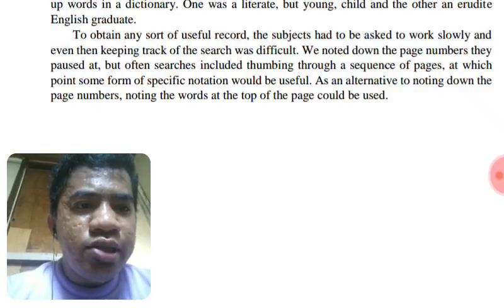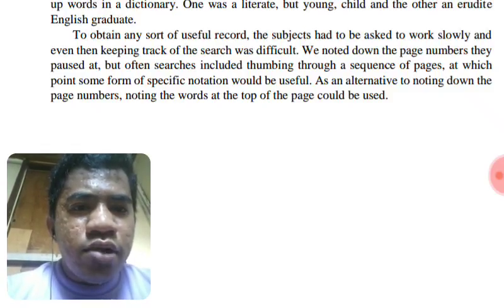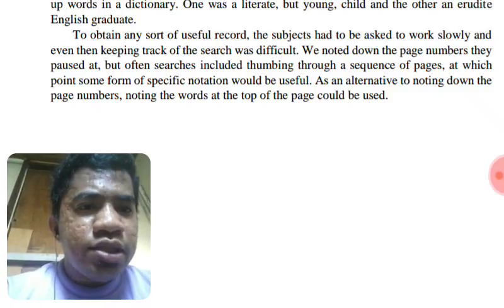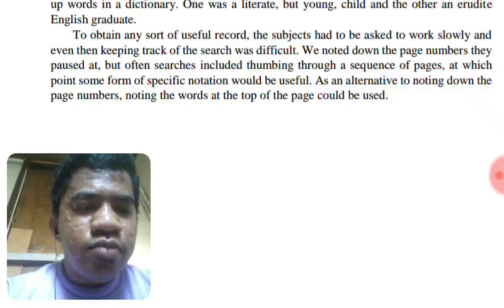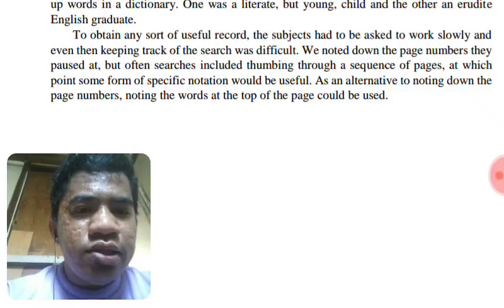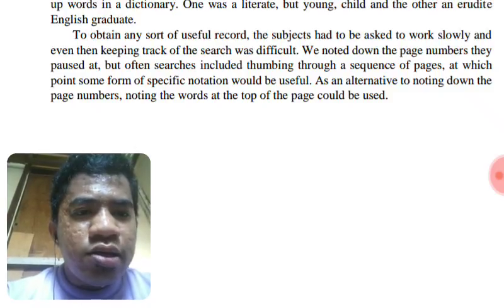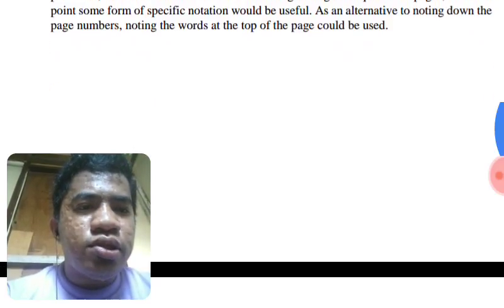We noted down the page numbers they paused at, but often a search includes thumbing through a sequence of pages, at which point some form of specific notation would be useful. As an alternative to noting down the page number, noting the word at the top of the page could be used.